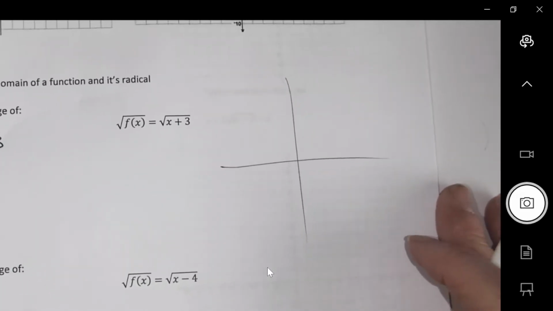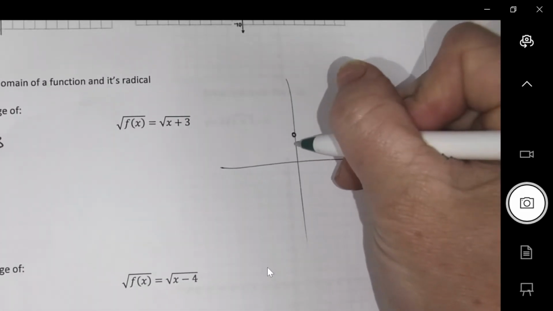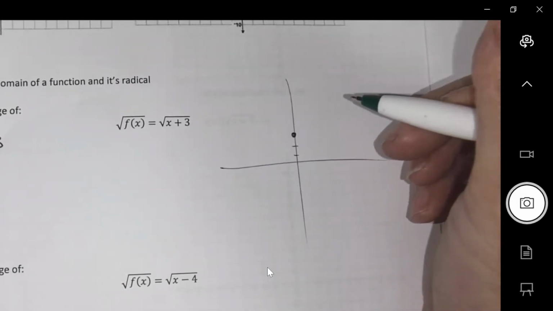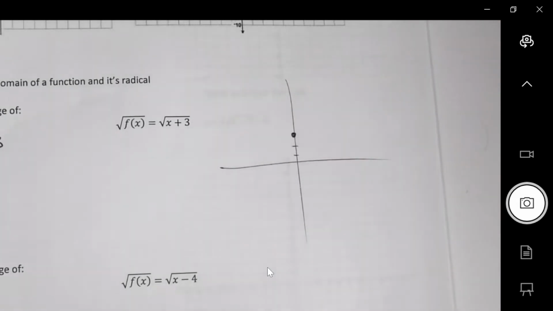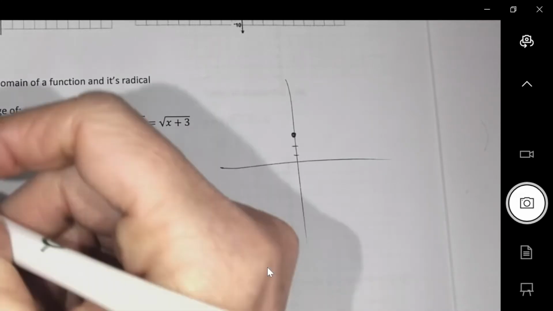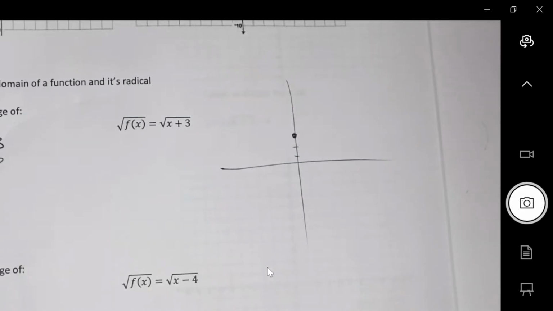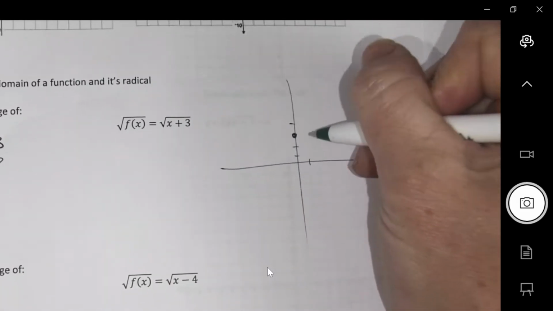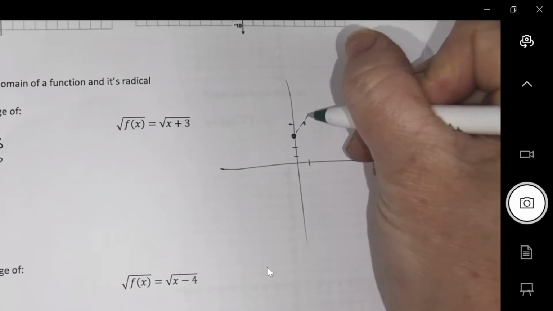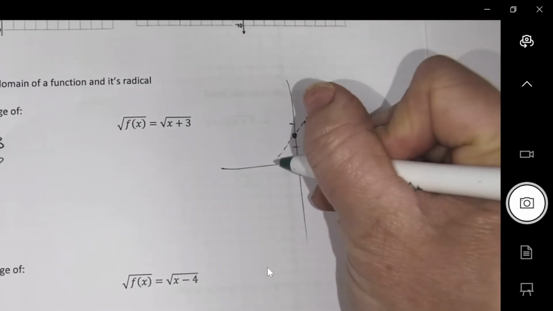So y-axis. It has a 3 on the y-axis. And a 0 on the x-axis. Not quite. We know the slope. Do you remember mx plus b? What's the slope of this thing? 1. I'm just going to graph it lightly.